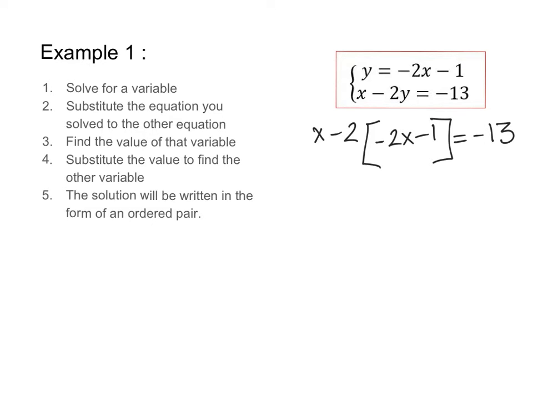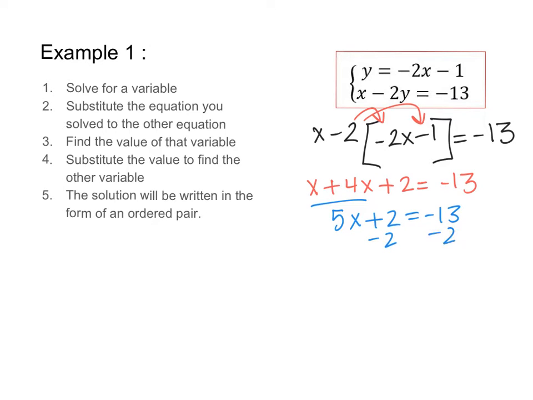Now I'm going to use my distributive property, and now I get x plus 4x plus 2 is equal to negative 13. Combining like terms, I get 5x plus 2 equals negative 13. And as I continue the solving process, I get 5x is equal to negative 15.